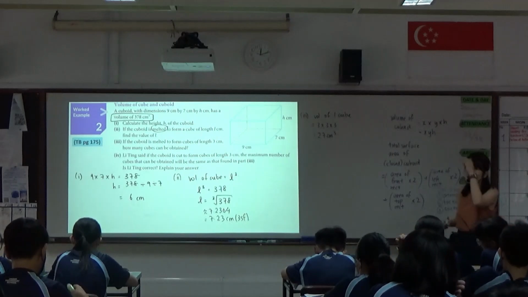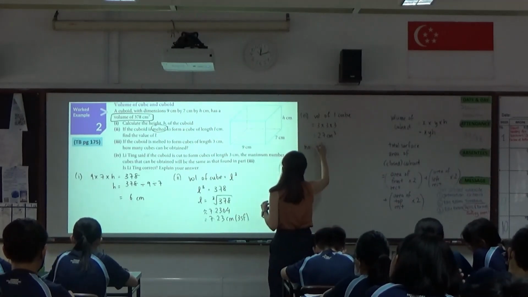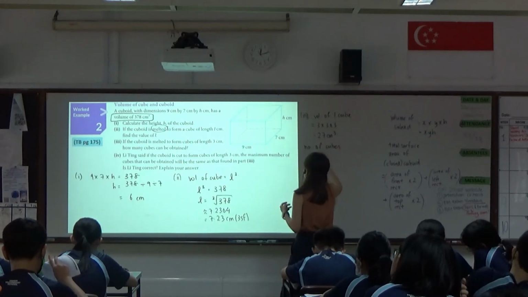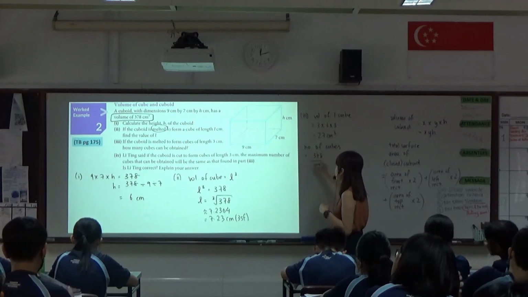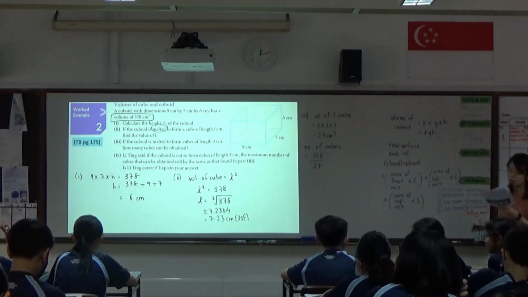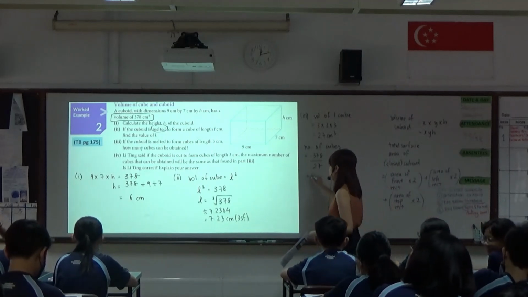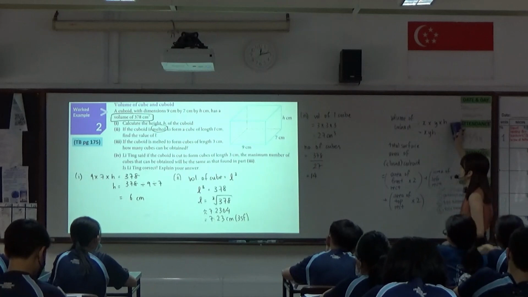And because the volume is maintained, the number of cubes that can be formed will be 378 divided by 27, for which we will get 40 cubes. So 40 cubes are being formed.